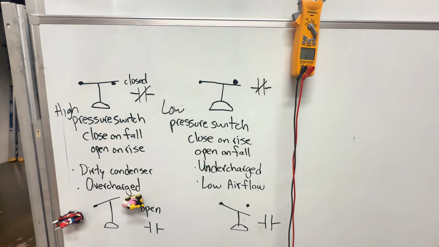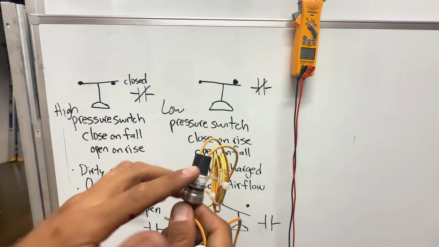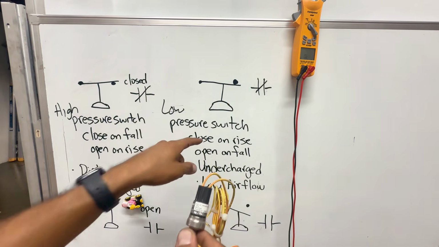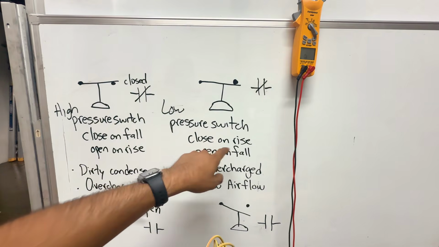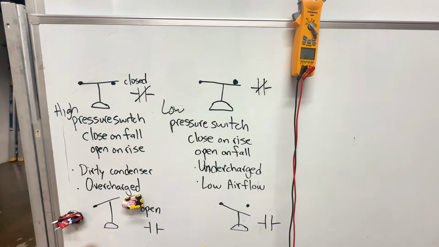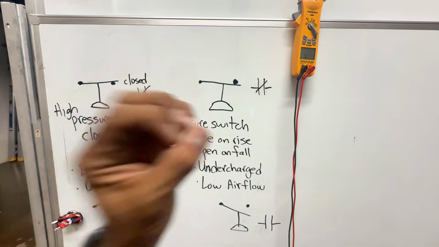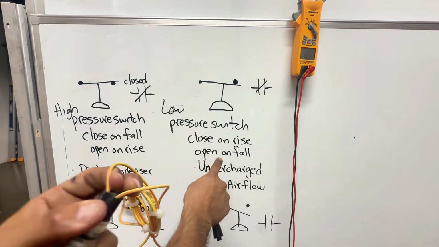And the same is with the low pressure switch. And just for giggles, let's just pretend this is a low pressure switch. I don't have one in hand, but I'll show you how they look right now. With this one, your pressure switch closes on rise. It opens on fall. Guess what? If your system is undercharged, or let's say it has 0 PSI, the system's not gonna turn on because it's doing its job.